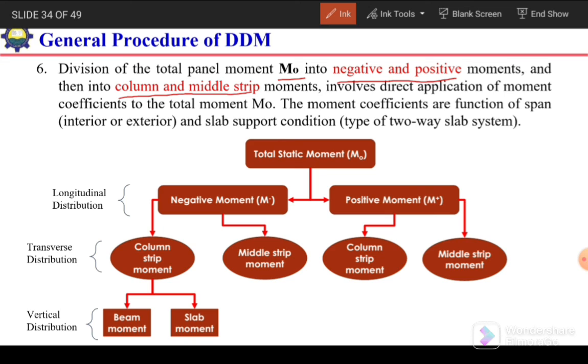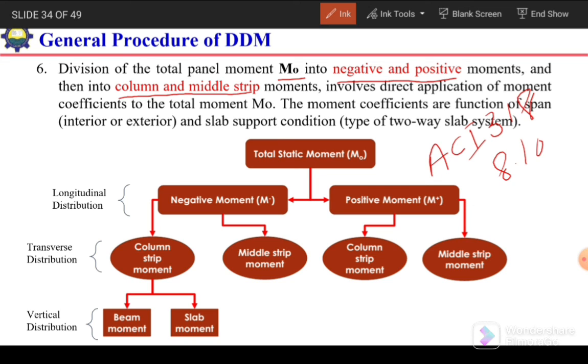These coefficients are given in ACI code, ACI 318, chapter number 8 and section number 10, ACI 318 8.10.